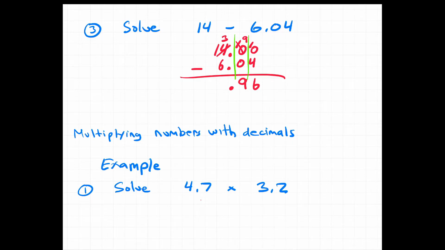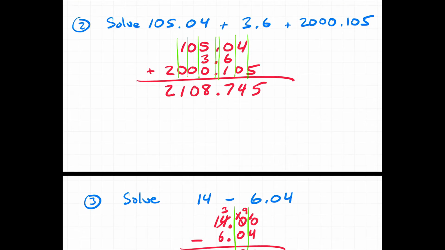So I've got 13 minus 6, which is going to be 7. Okay, so the answer to this subtraction question is 7.96.